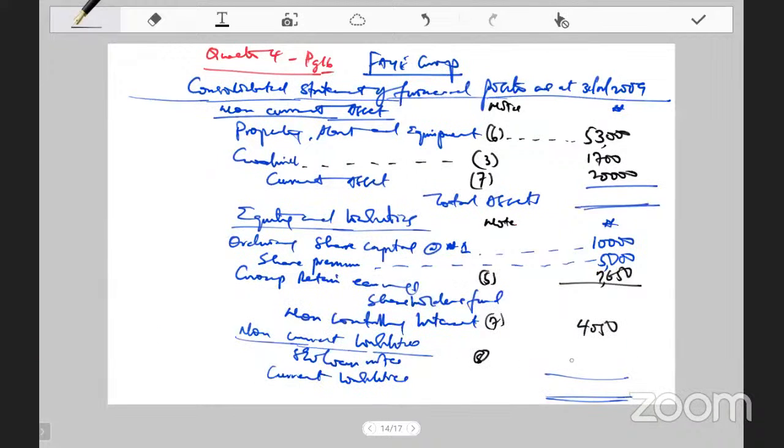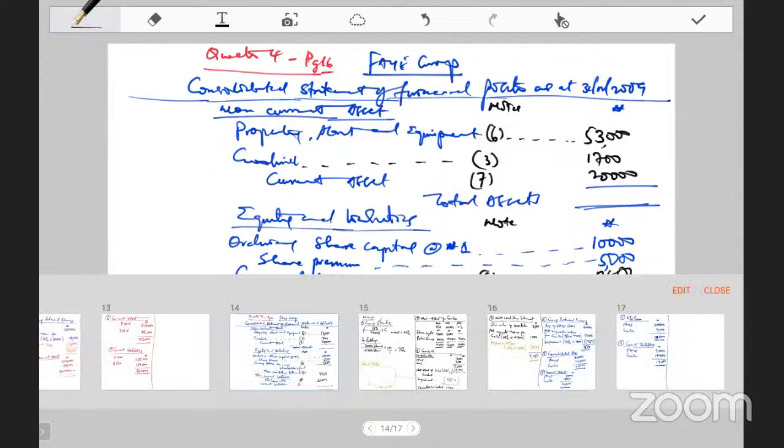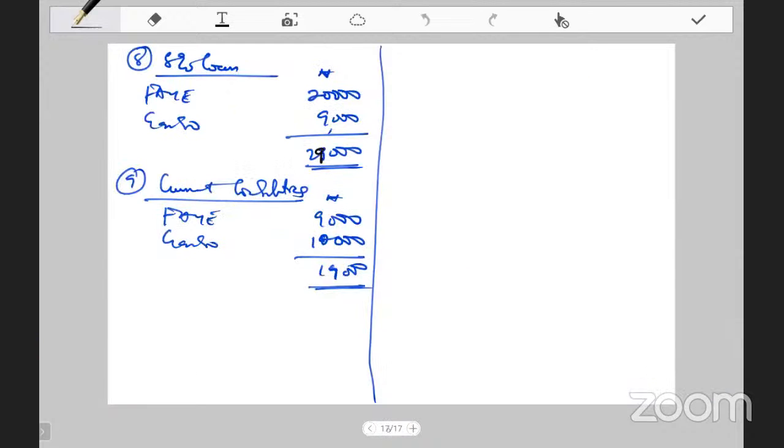And that's how much? 29,000. Current liability, note 9. And how much is it? 19,000.